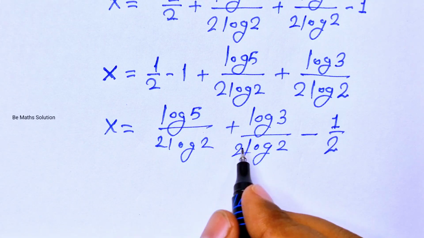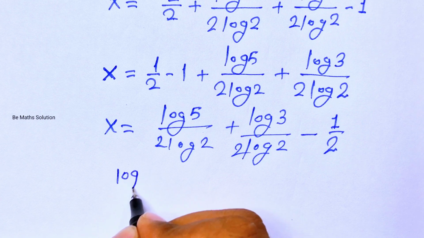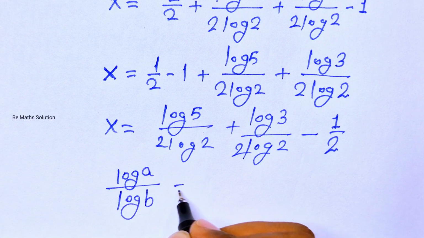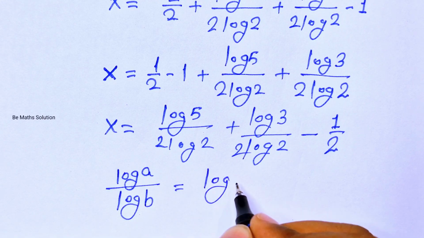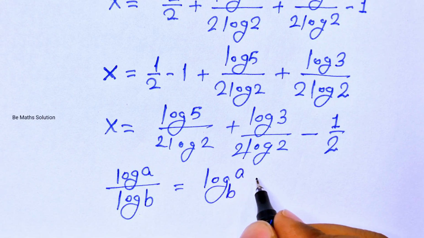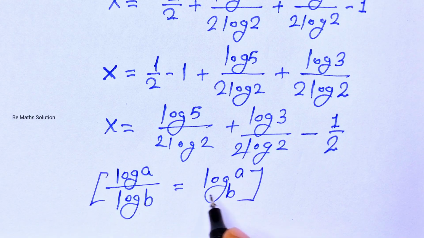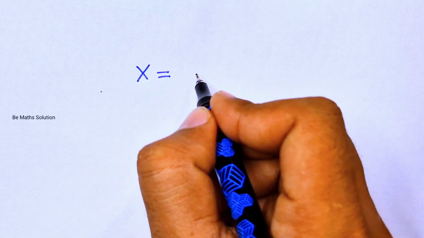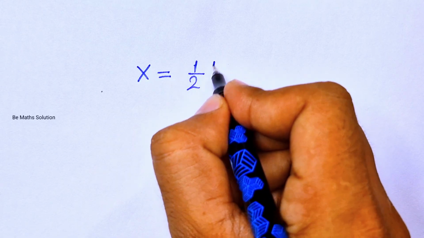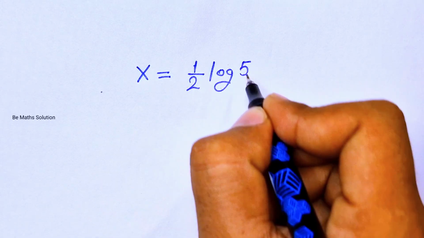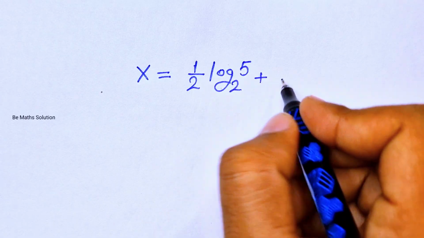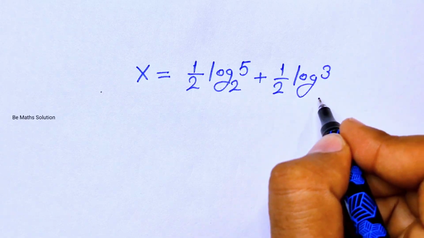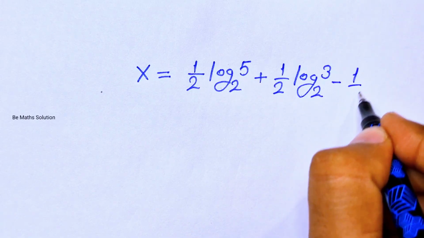Now this part here, we know that log of A over log of B is equal to log of A base B. I apply this maths formula here. So it will be x is equal to 1 over 2 times log of 5 base 2, plus 1 over 2 times log of 3 base 2, minus 1 over 2.